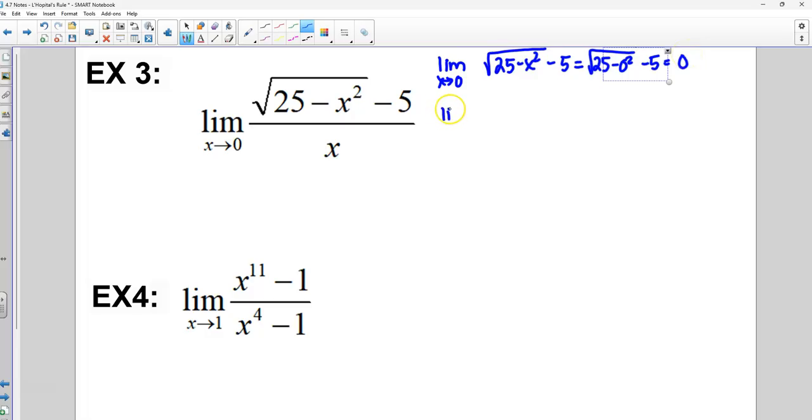All right, and then we'll do the limit of the bottom separately. Well, that's just the limit as x approaches 0 of x. That's clearly just 0, right? And then we could say, therefore, L'Hopital's rule applies.